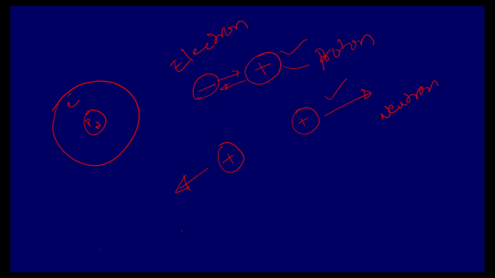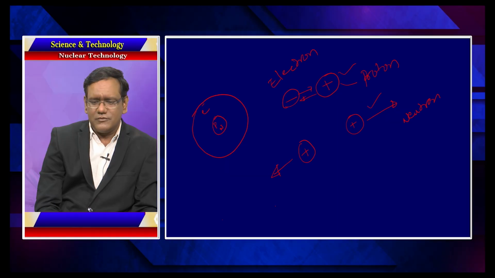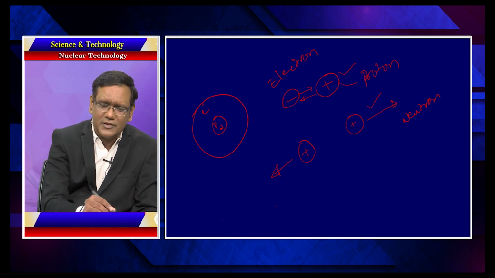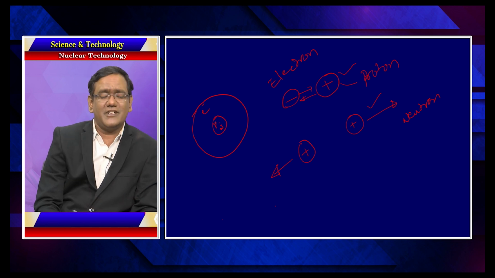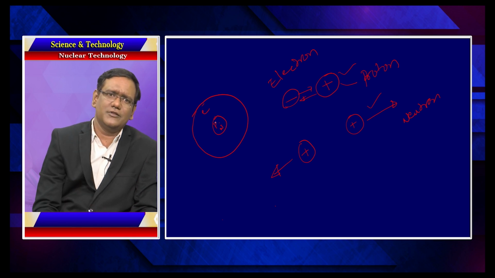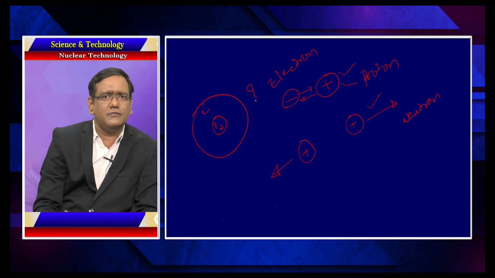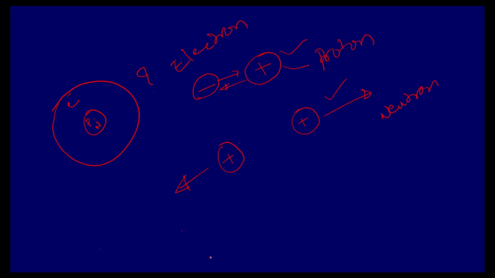Now my question is, if two protons repel each other, then how are these two protons together in this place? That is an important thing we need to understand. What forces are actually binding these protons together in this tiny place called the nucleus?